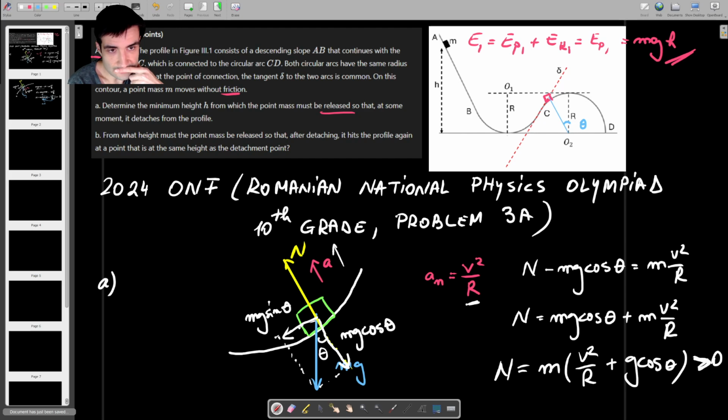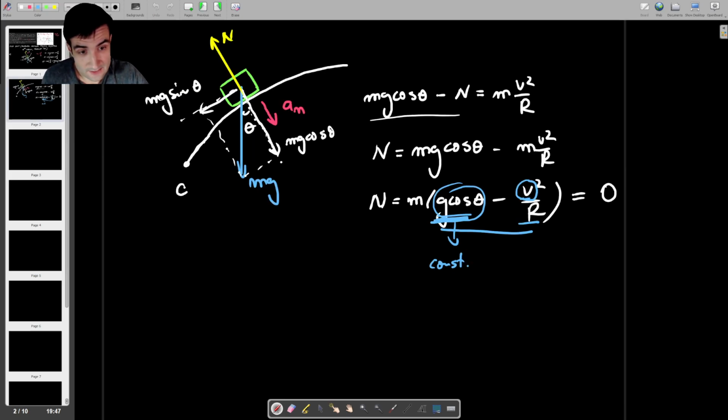And I'm going to say that at this point, the object will detach from the surface. I don't know what theta is, but without any loss of generality, at this point the object will detach from the surface. So let's figure out the velocity of the object at that point, because we need the velocity, remember, for this normal reaction force to be zero.